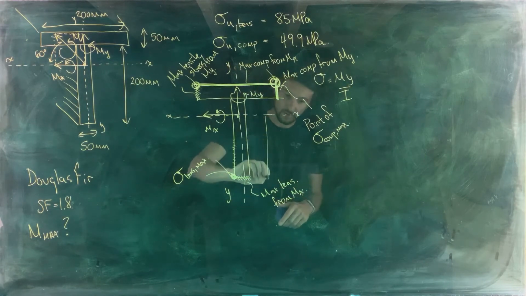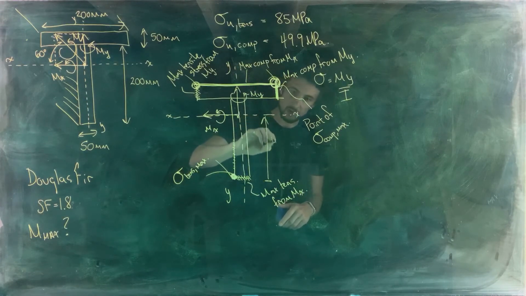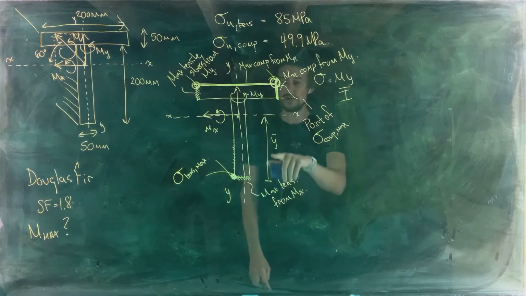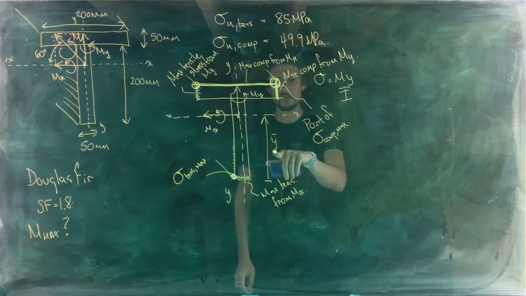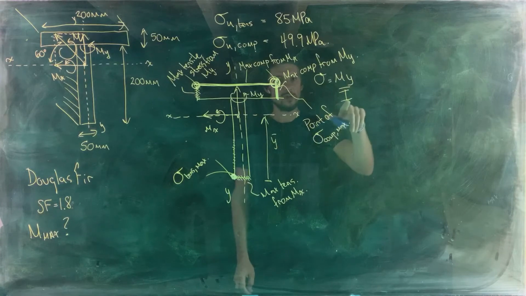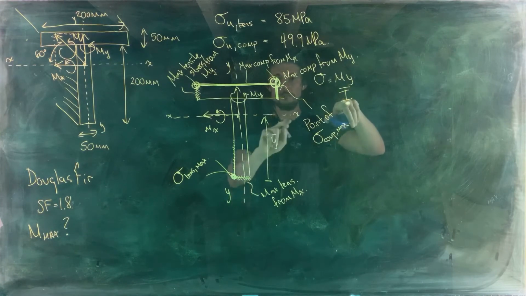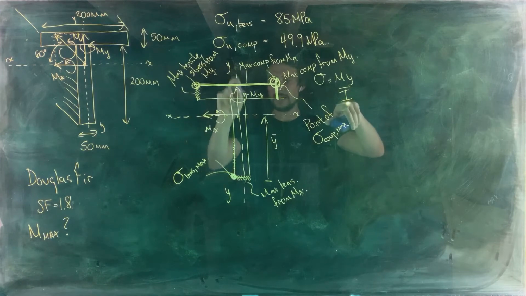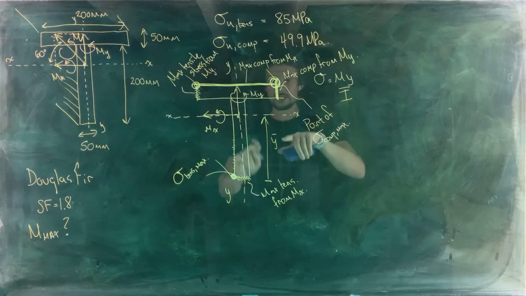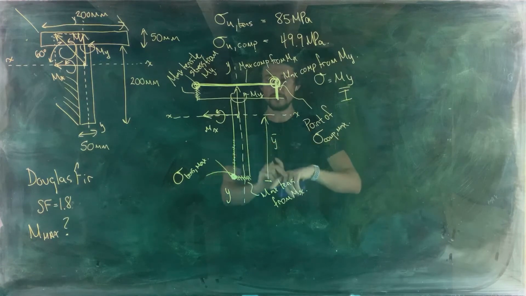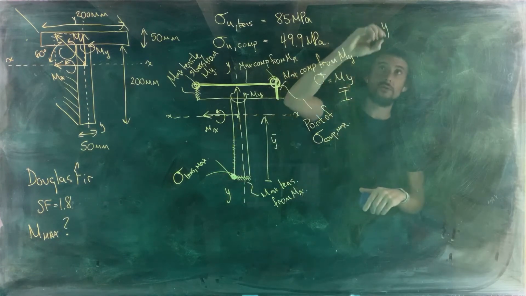We need the location of the centroid, y bar, and then we'll need IXX and IYY, so we can get those too. So let's start with finding the location of the centroid.